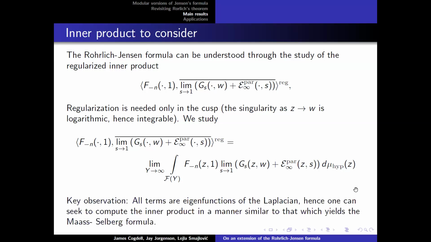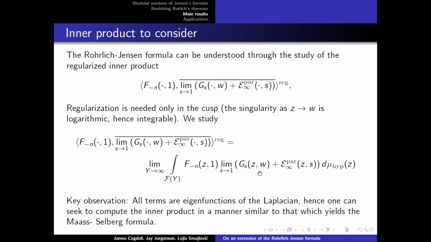Okay, so what is the key observation that will help us evaluate this inner product? Well, I've already told this, and the key observation is that all terms in the product are eigenfunctions of the Laplacian with the same eigenvalue.